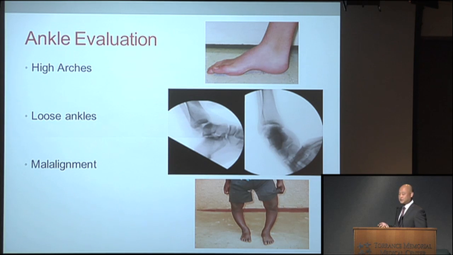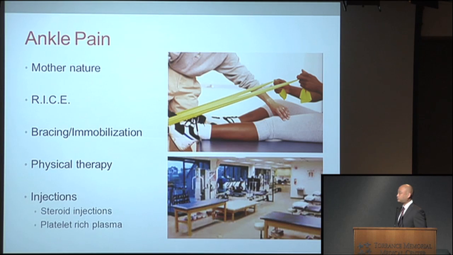Loose ankle: if the ligaments are too loose, it causes the ankle to become unstable. And then some malalignment issues. If you had a previous fracture that didn't heal quite right, or in this case, this kid has a condition called Blount's disease, where the tibia bone kind of curves inward. Those are all reasons why people tend to have recurrent ankle sprains or ankle injuries.